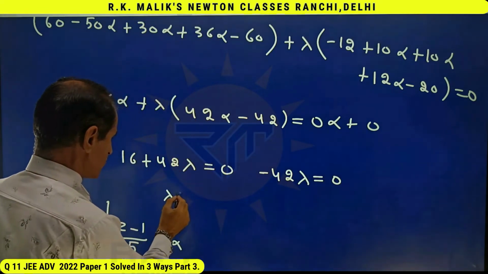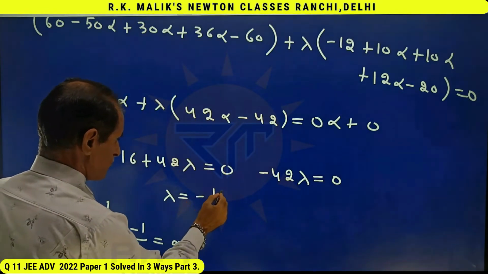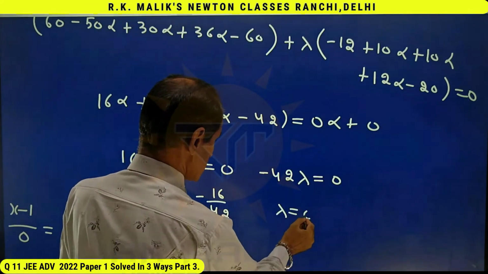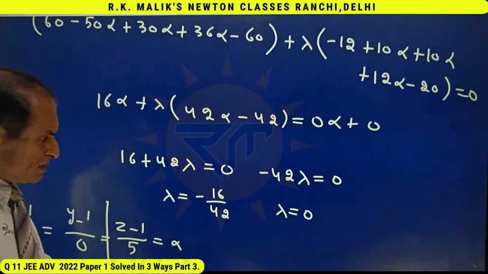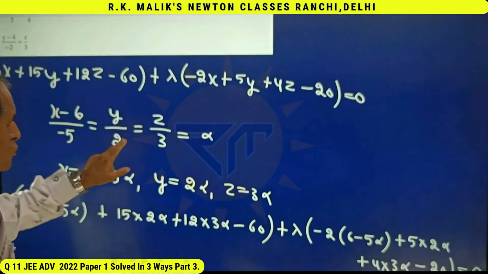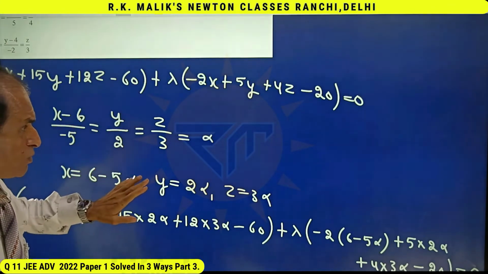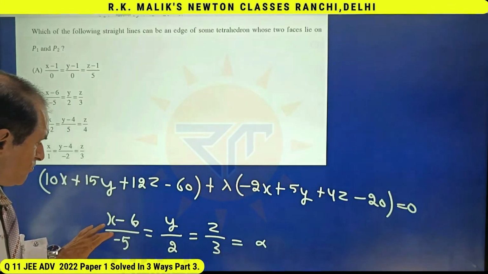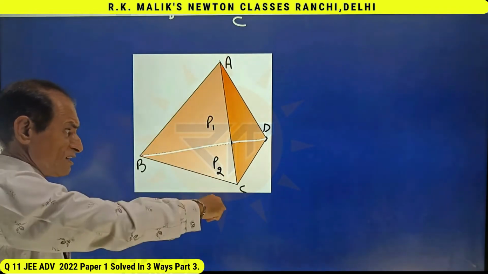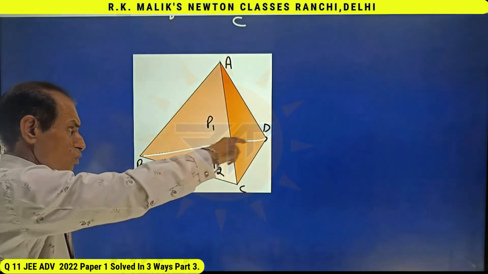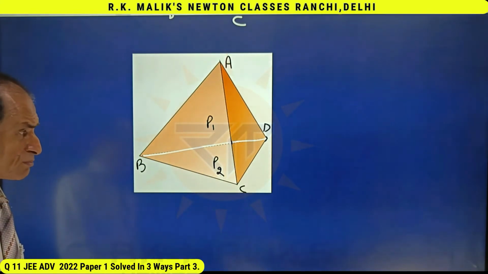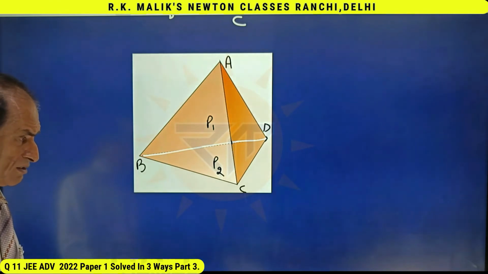From here I get the value of lambda as minus 16 by 42, and from here I get the value of lambda as 0. It means it is not possible to find the value of lambda so that this line can lie in this plane. Hence I can say this line is again of the type AC. This line is skew line with the line BD. Hence this line can become the edge of tetrahedron.